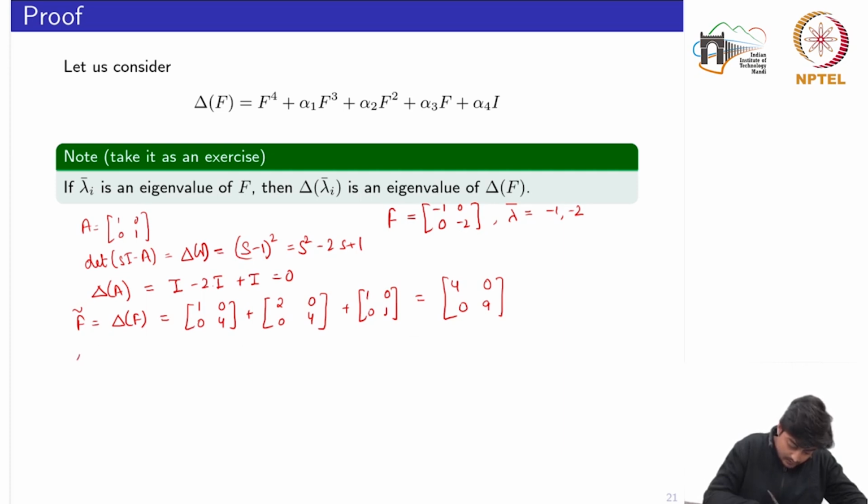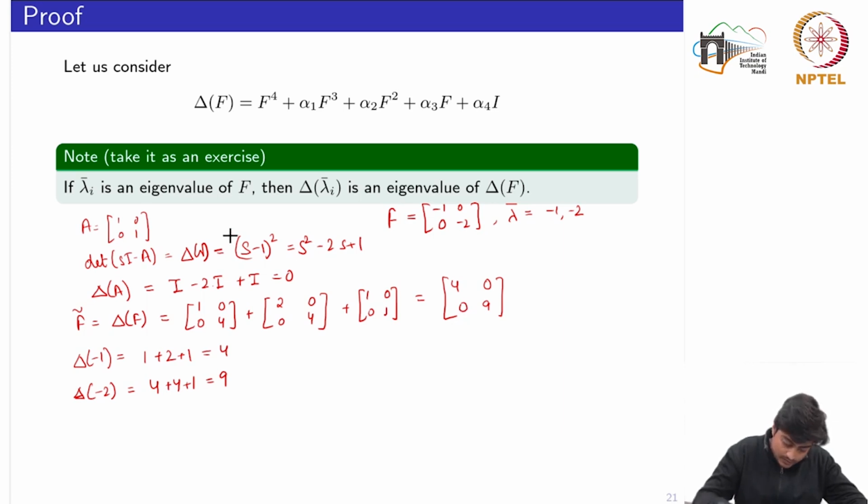So once we compute delta of -1, delta of -1 would be equal to 4, and again delta of -2 would be 9. So it is clear now that delta of lambda I bar are 4 and 9, which happen to be the eigenvalues of this F tilde matrix.